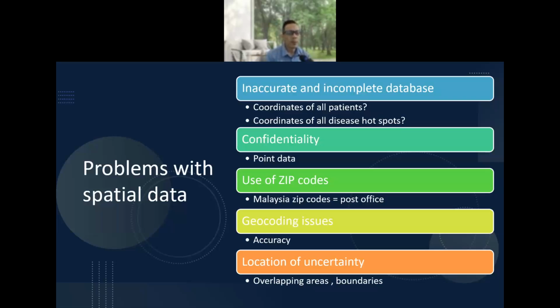Confidentiality. If you know the points of the house, then even though you don't know the name, even though you don't know the IC, you can go to their house, right?